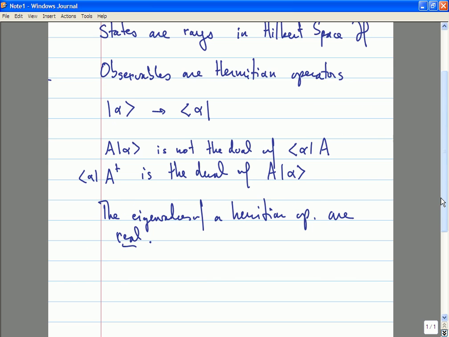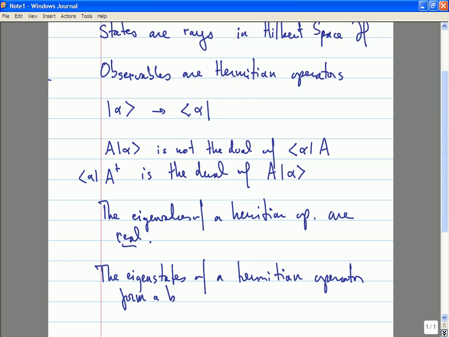And moreover, one of the basic postulates of quantum mechanics is that the eigenstates of a Hermitian operator, and in particular of an observable, form a complete basis of our Hilbert space. So what does that mean?